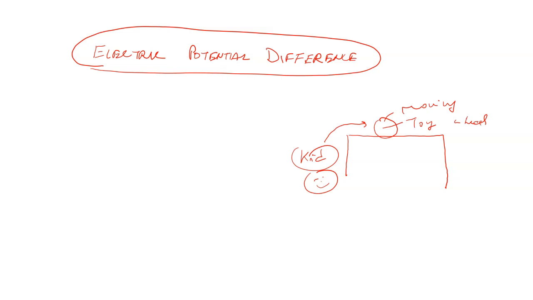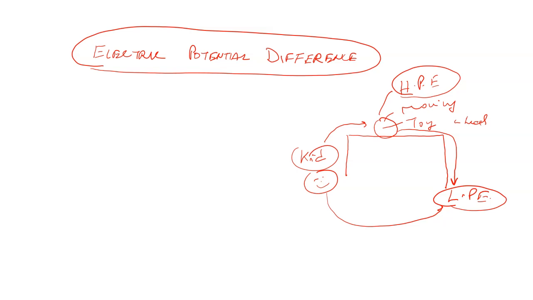Now, suppose this moving toy falls down. Now this toy is at low potential energy. Firstly, it was at high potential energy, now it is at low potential energy. Again, the kid will take this toy and place it here, and again while playing, the toy falls down.